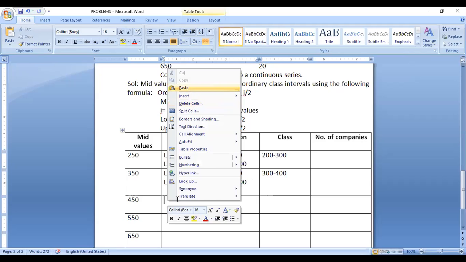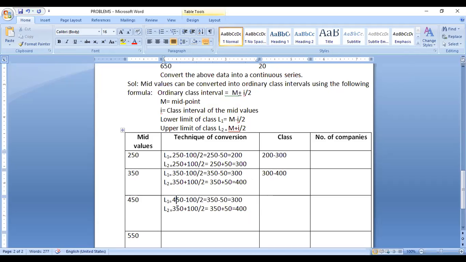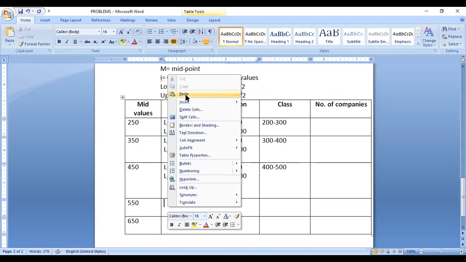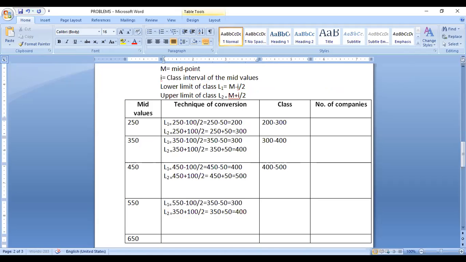For this, in place of 350, you take 450. Now 450 minus 50, 450 plus 50. So that will be 500, and here it will be 400. So class is 400 to 500. Similarly, here it is 550. So 550 minus 50, 550 plus 50. So it will be 600 here.